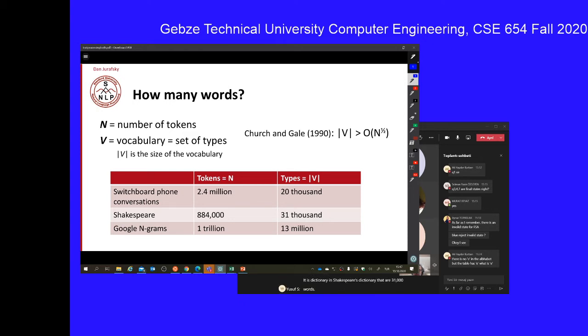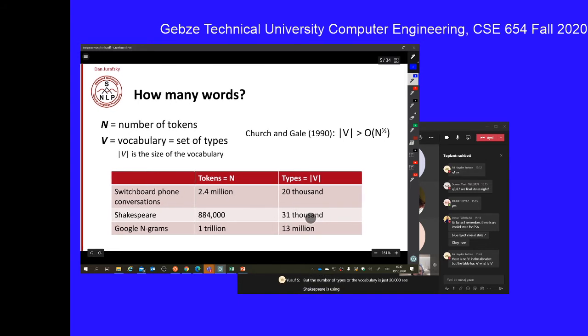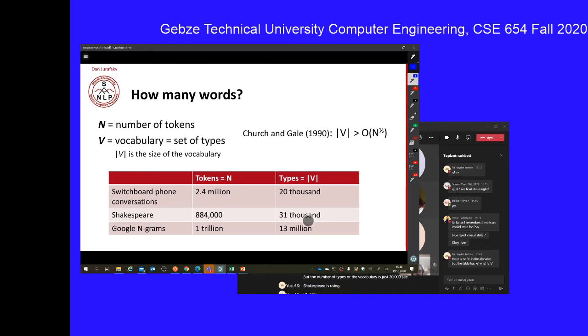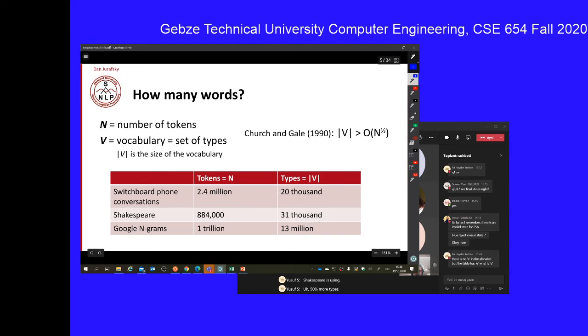There is another dataset called Switchboard phone conversations. Somebody collected all these phone conversations and transcribed them. It has 4.4 million tokens, but the number of types, or the vocabulary, is just 20,000. See, Shakespeare is using 50% more types. He did not talk that much, still, so he knows many more words, right?